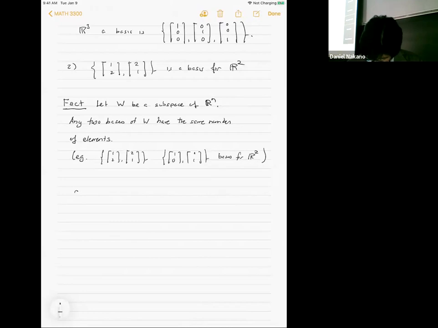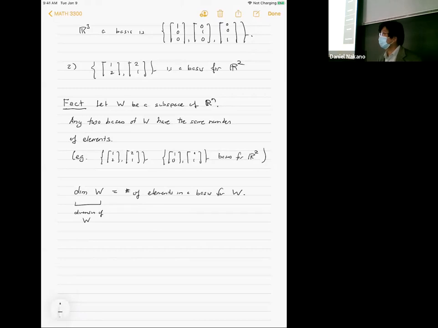So the dimension of the subspace W equals the number of elements in a basis for W. Okay, and it doesn't matter what basis you take. You take any old basis you want, and then you just count the number of elements, and that's the dimension. Okay? Any questions on this?